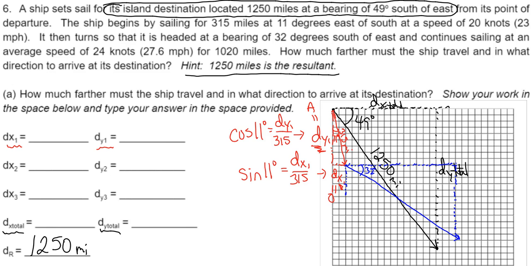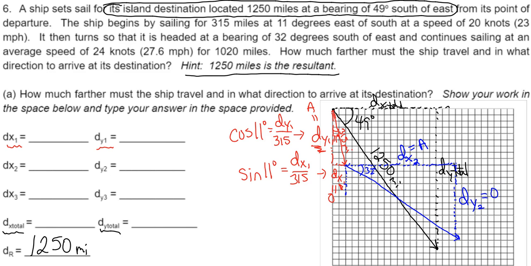Okay, so this is going to be my distance in the x direction for the second leg, so dx2, and my distance in the y direction for the second leg, because that's my south direction. dx2 is the distance to the east, dy2 is the distance to the south. With respect to 32 degrees, dx2 is my adjacent side, dy2 is my opposite side.